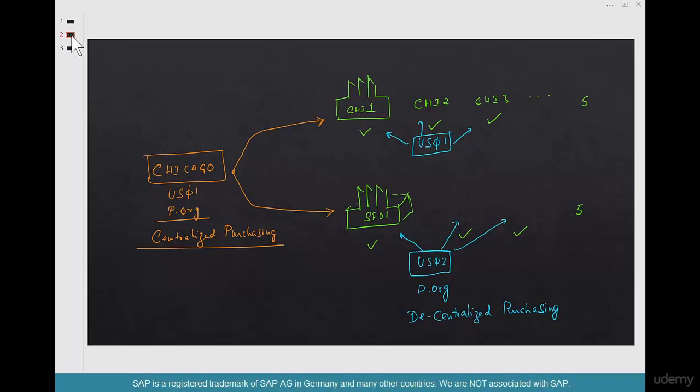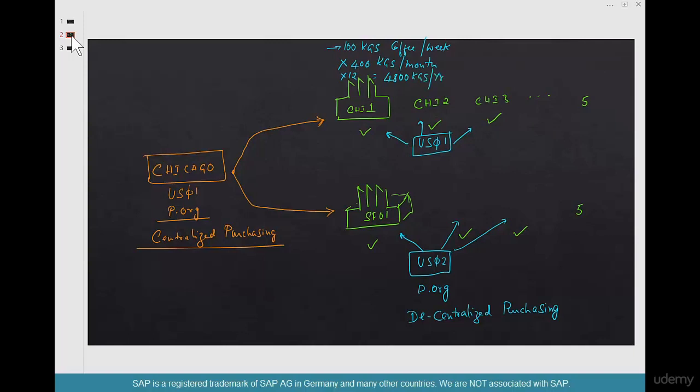Let me give you an example. Say every week, Chicago is procuring, say, 100 kilos or pounds of coffee every week. That means over a course of 4 weeks, it's going to procure 400 pounds per month, and multiplied by 12 equals 4,800 kilos per annum.